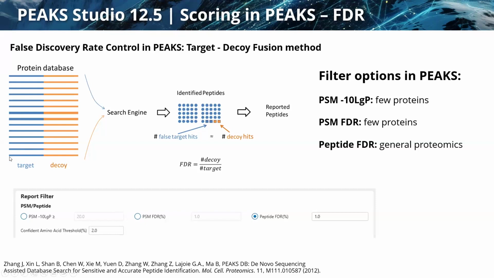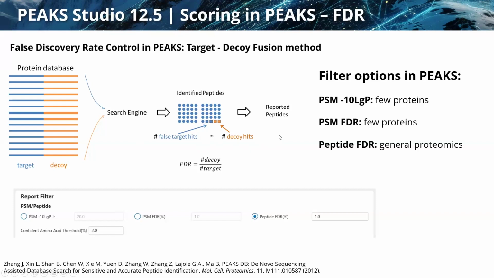And the way it works is the target sequences and the decoy sequences are concatenated together, and then they're searched. And of course, you find your number of decoy hits, and you take your total number of target hits, and you can use that to estimate the number of false target hits that you would expect in your peptide, because you would expect it to be approximately equal to the number of decoy hits that you get.